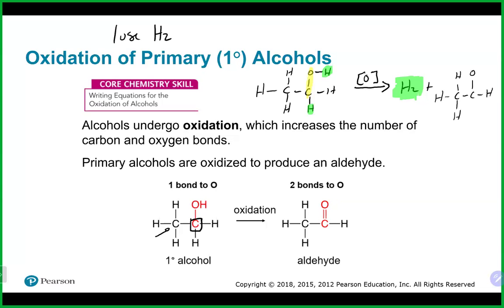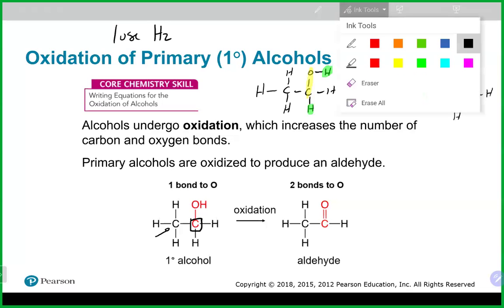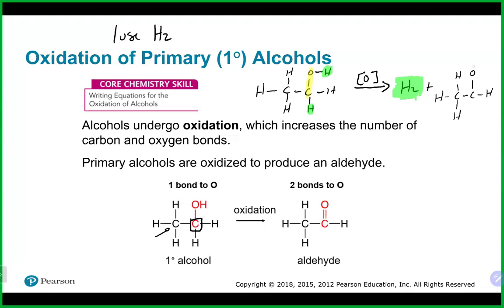The same thing happens here. I remove two hydrogens, not from two carbons, but from a carbon and an oxygen, and that is going to now become double bonded. So we're just going to slap a double bond between the carbon and the oxygen. That way everybody meets the octet rule.